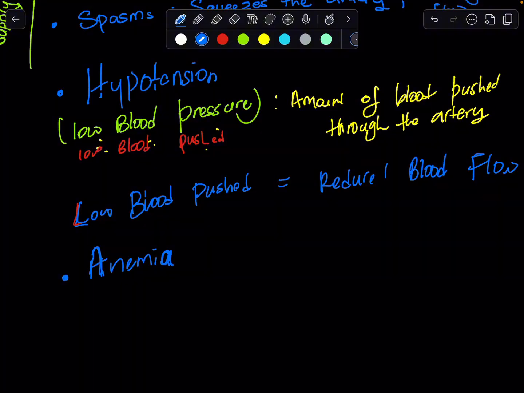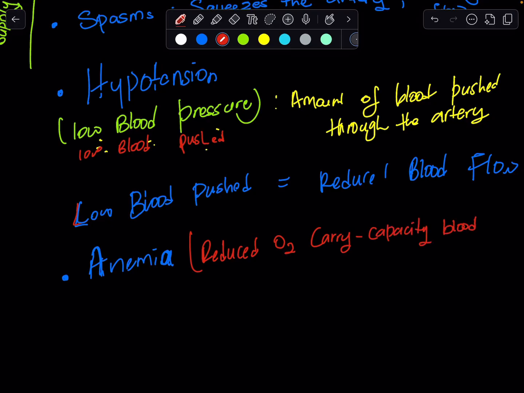If you have reduced blood count, it's just reduced O2 carrying capacity. So you know how when you're anemic you have to take iron, right? Taking iron just allows your blood to carry oxygen better. That's basically how anemia works.